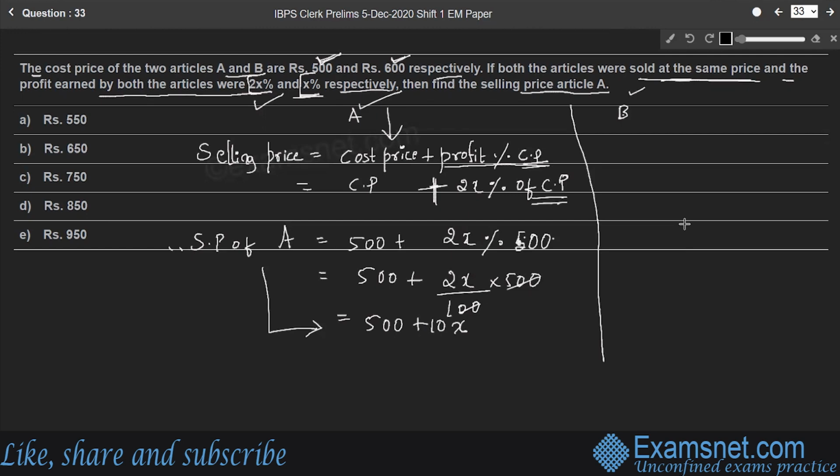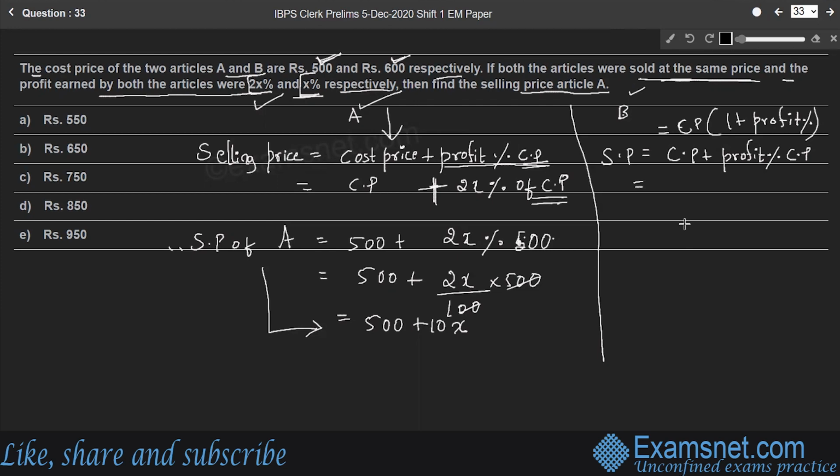Whereas article B, selling price is equal to, again the same formula, cost price plus profit percentage into cost price, or you can take cost price as common. So it becomes cost price into 1 plus profit percentage, right? Both the formulas we can use.